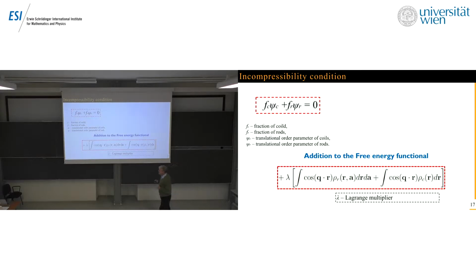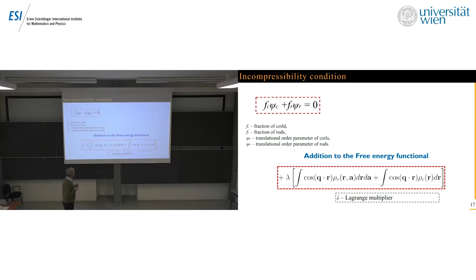And what is normally done in the existing Landau-de Gennes theory of these systems? People just substitute this relationship into the free energy expansion, and at the end they get a nice expansion in terms of one order parameter, and they can compare different phases and perform the standard stability analysis.